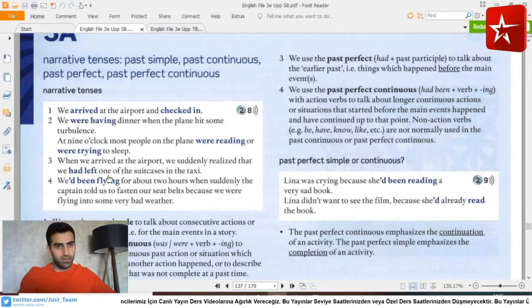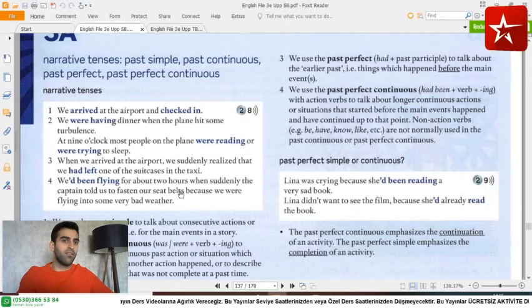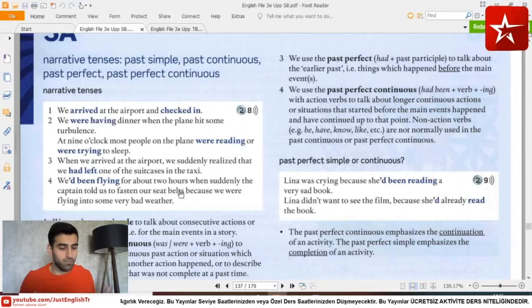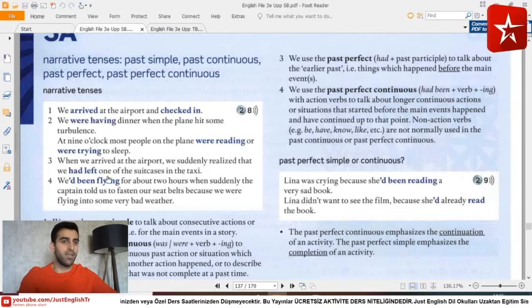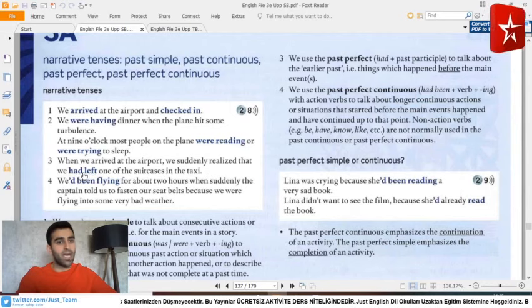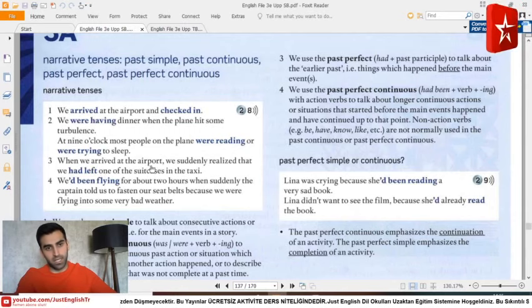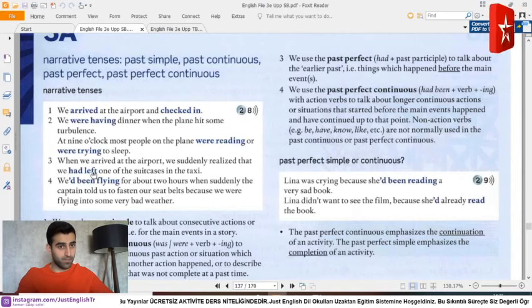Firstly we left one of our suitcases in the taxi, and then we went to the airport, and then we realized that we didn't take the suitcase. This action happened first, and then we realized it. We arrived and then we realized that. So that's why we use past perfect here and then the past simple.